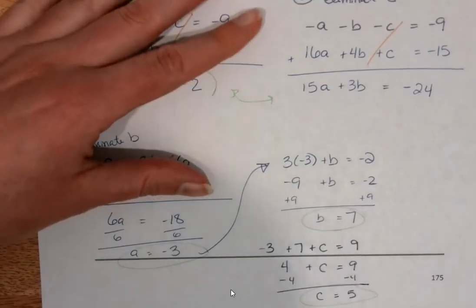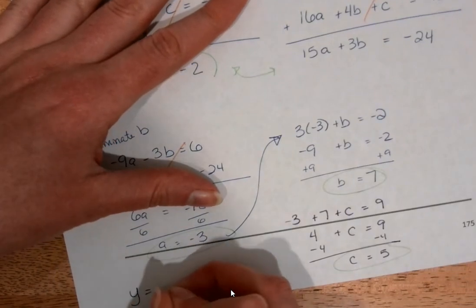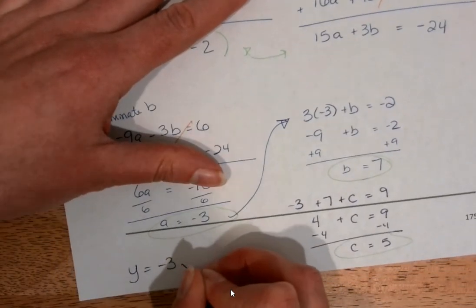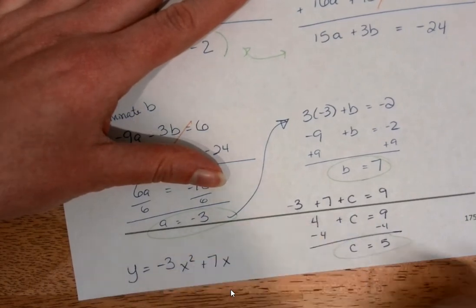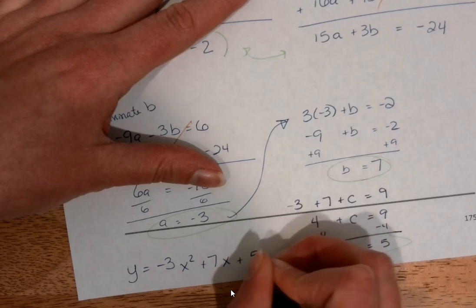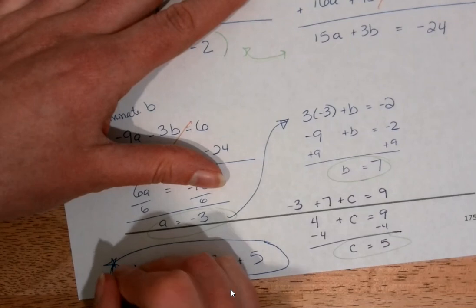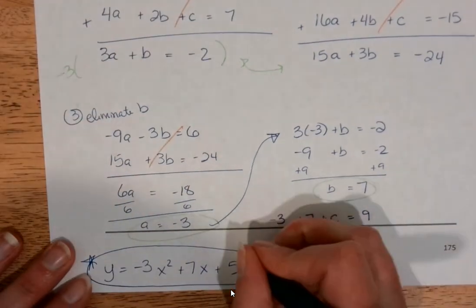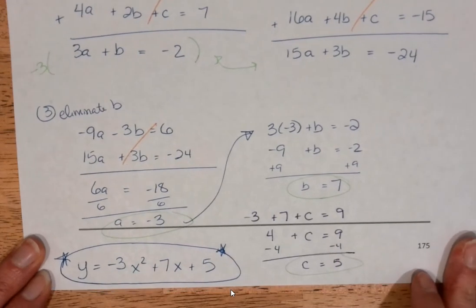So our final answer is going to be the equation y equals negative 3x squared plus 7x plus 5. Those 3 ordered pairs are all solutions to this parabola, this quadratic equation, negative 3x squared plus 7x plus 5.